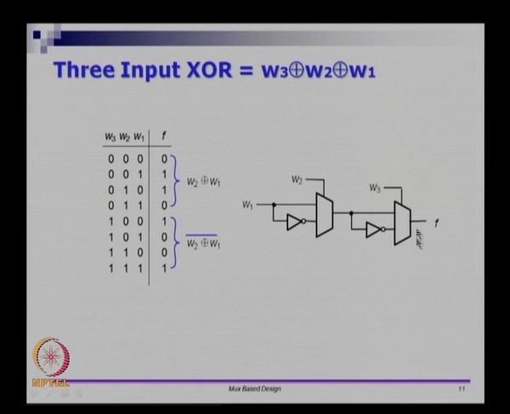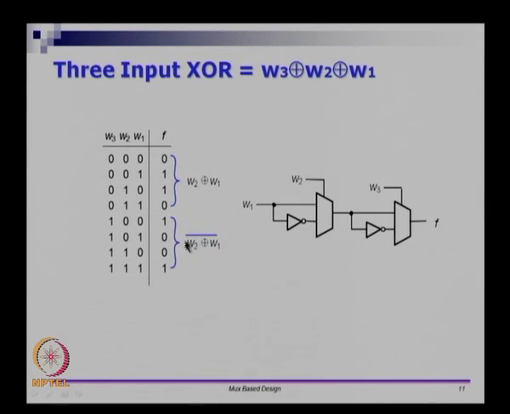Now we can take this and write it up. So I am going to take W3. When W3 is 0, I want W2 XOR W1. When W3 is 1, I want W2 XOR W1's complement.